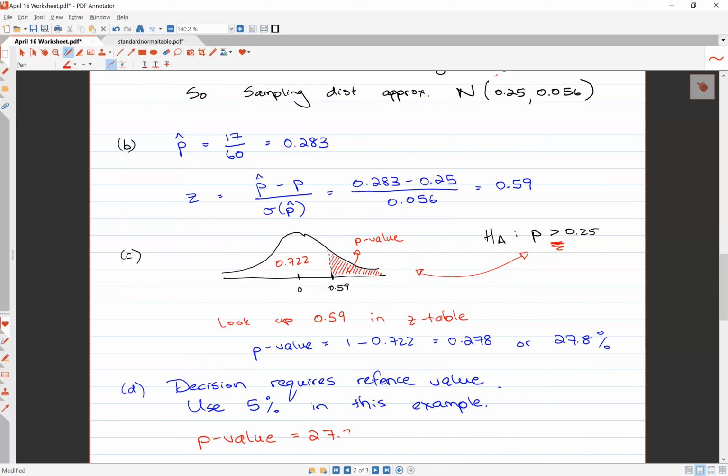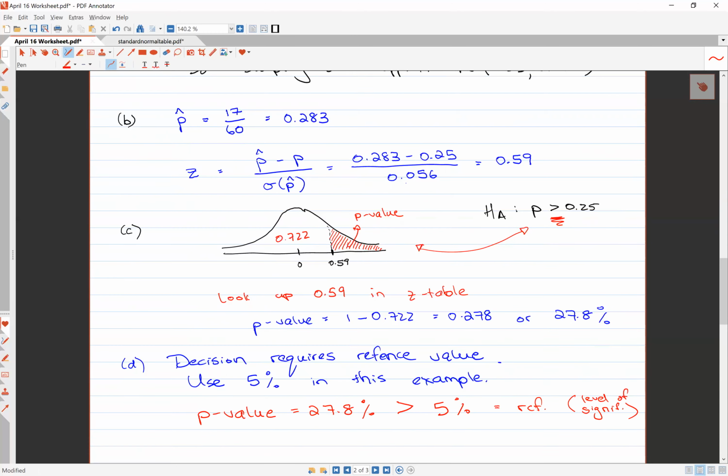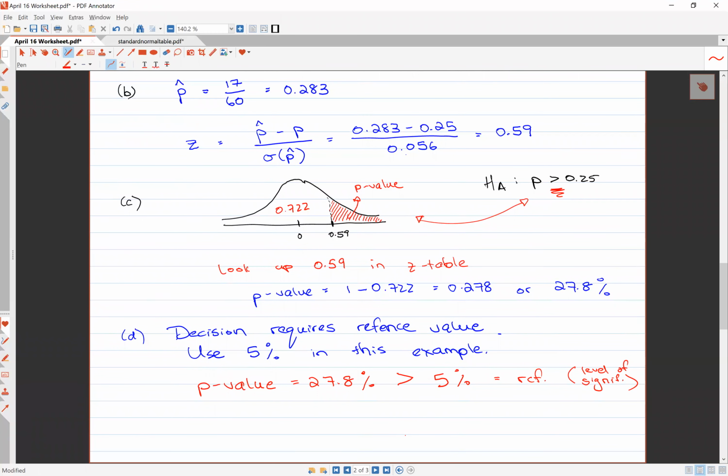And in this case, our p-value, if we're comparing it to 5%, which is our reference, sometimes you'll also see that called the level of significance, is greater than the reference value.